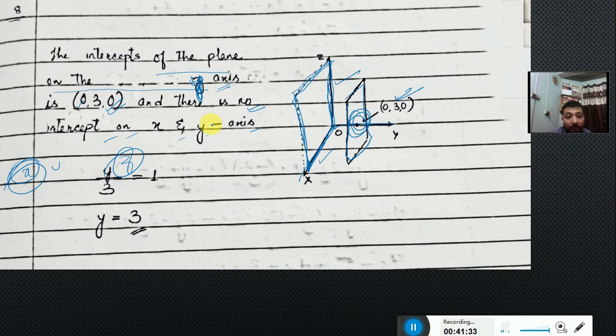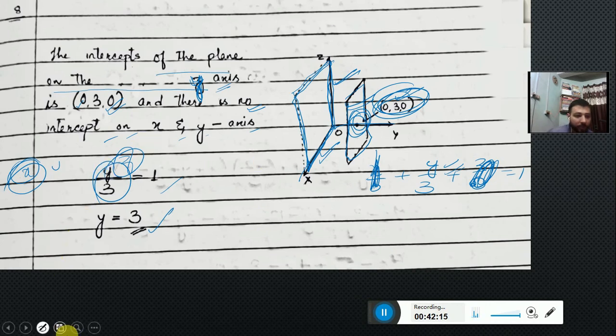Don't confuse this: you will not write x by 0 plus y by 3 plus z by 0 equals 1. Intercept form is written with this point as well, but they are not touching. That means this part will not be there, only this will be there. So that's what I have written: y by 3 equals 1, and y equals 3. That will be the intercept form of this plane.